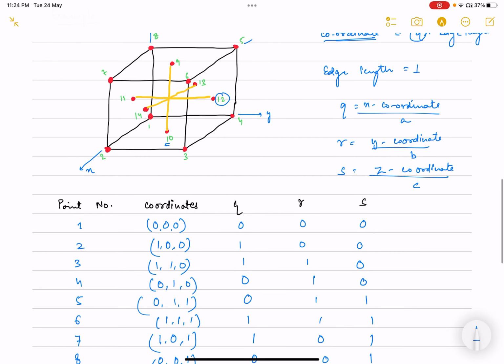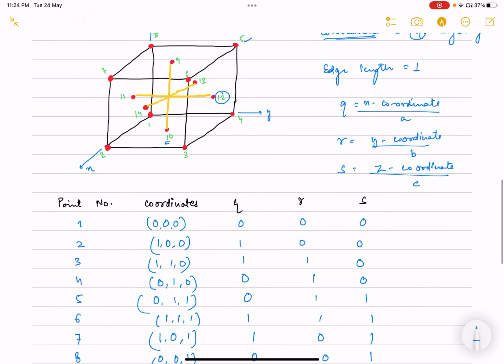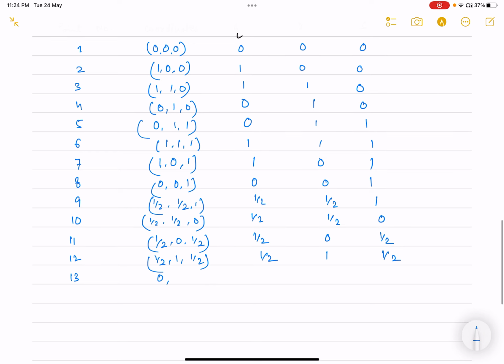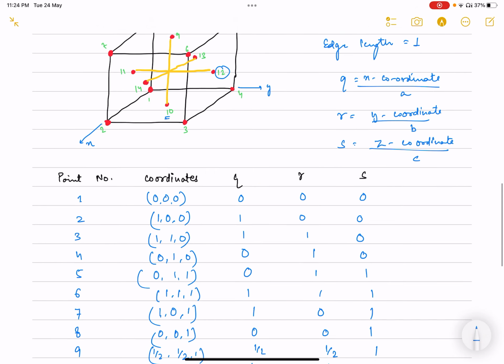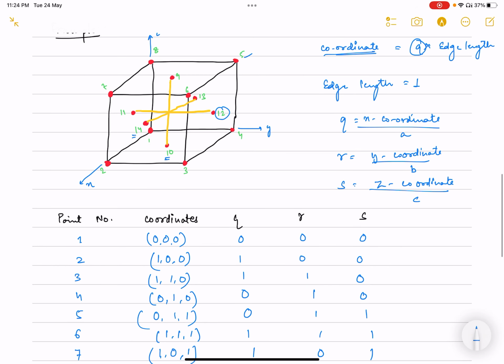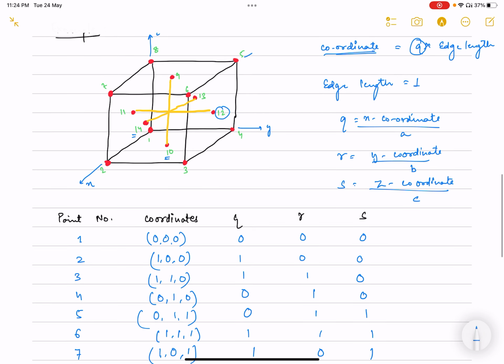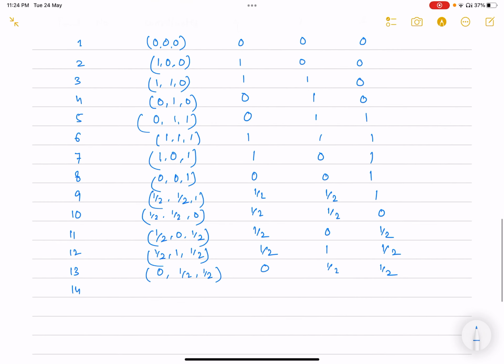Point 13 lies in the yz plane, so it is 0, half, half. Point 14 cuts x at 1 and the other two at half and half, so it is 1, half, half.